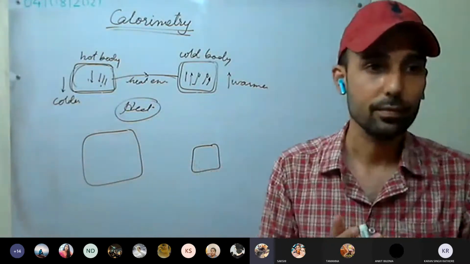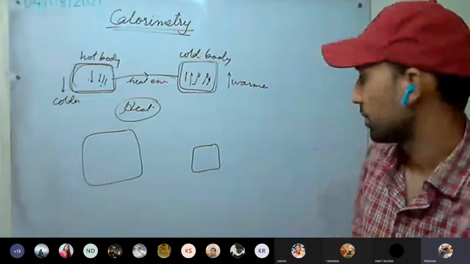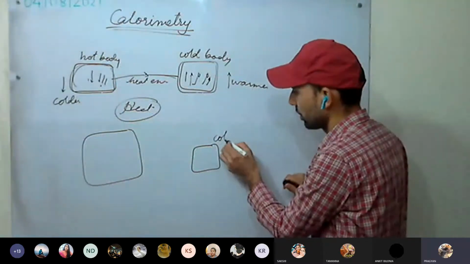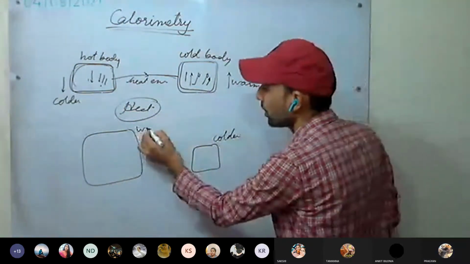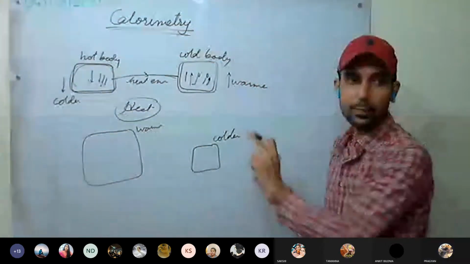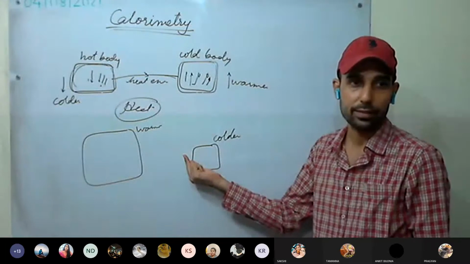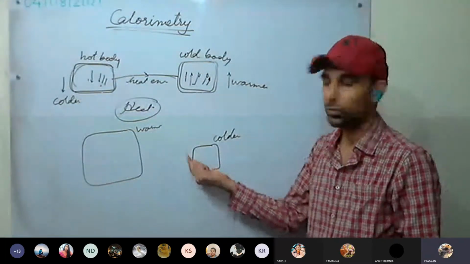If one body is warmer and the other body is colder, it means there is a difference in the temperature of the bodies.